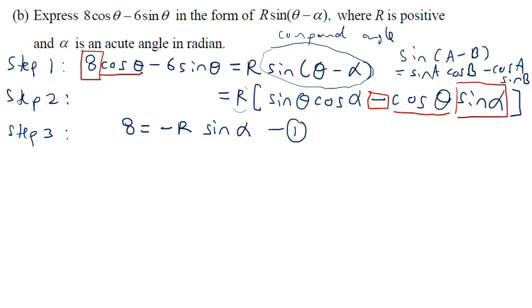Alright, next we compare the second one. So here we have sine theta. So here also sine theta. So apart from sine theta, the left side here we have negative 6, and the right side here we have cos alpha. Okay, so write down here.